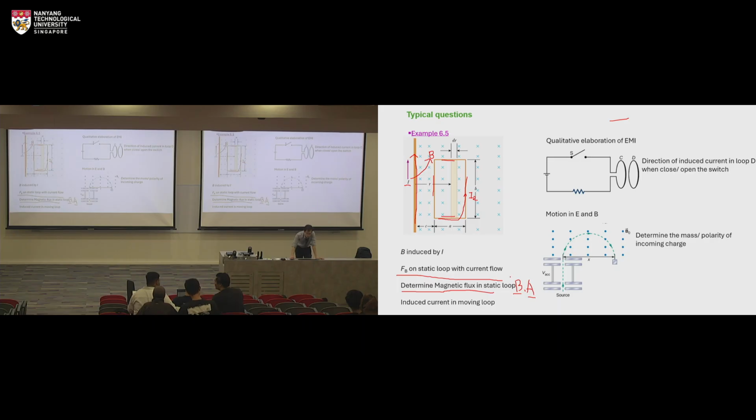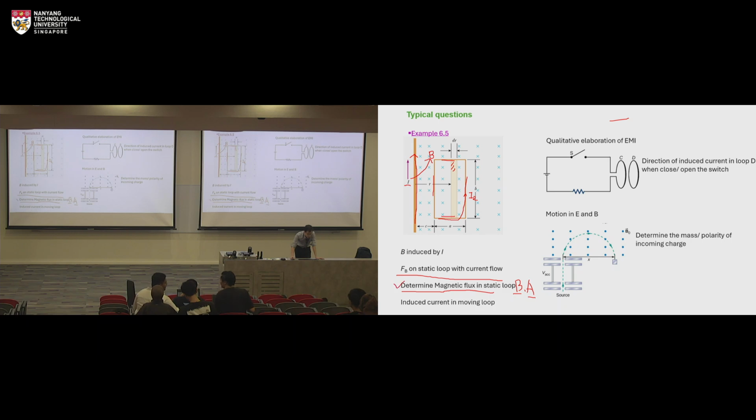If yes, you can use it directly. If not, then you will need to construct a tiny section like this and then do the integration to find out the total.